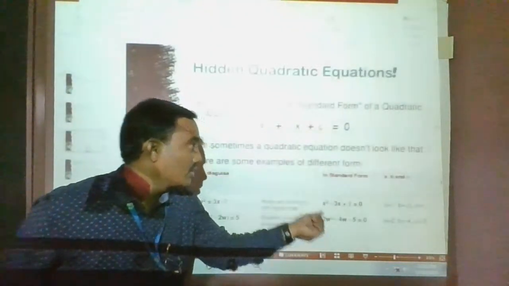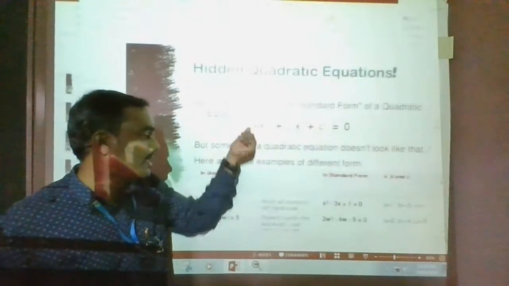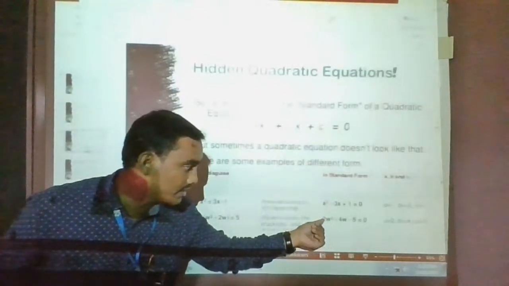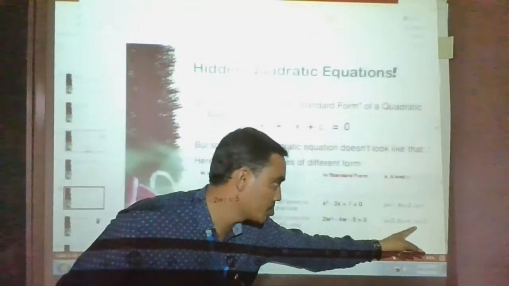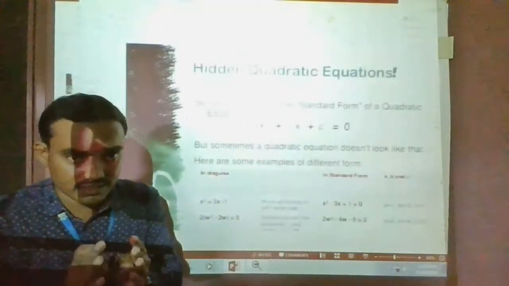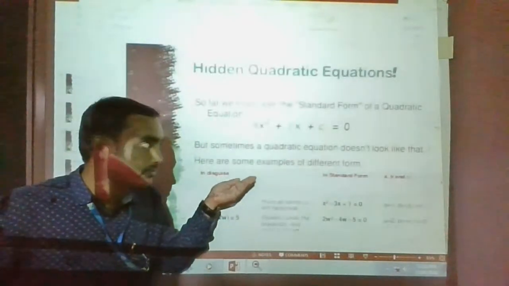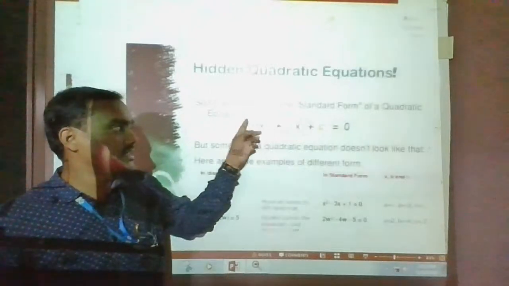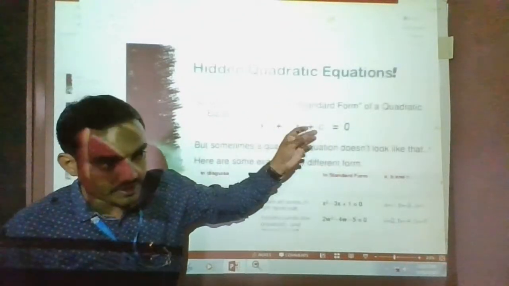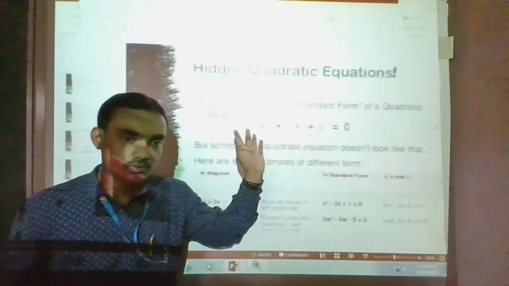The coefficient of w square is a, the variable here is w. Here a is 2, b is minus 4, c is minus 5. So such types of problems are quadratic equations. We have to rearrange them in the general form ax square plus bx plus c is equal to 0.